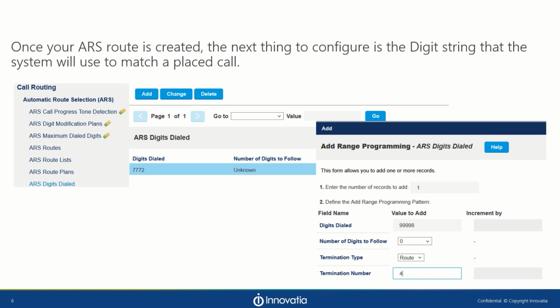But I do want to make it clear that the addition of multiple digits dialed simultaneously all have to be sequential in some fashion. So what I mean by that is, if you needed to create routes for, say, 9000, 9001, 9002, 9003, you can certainly do that individually, or you can do them all in one big group.